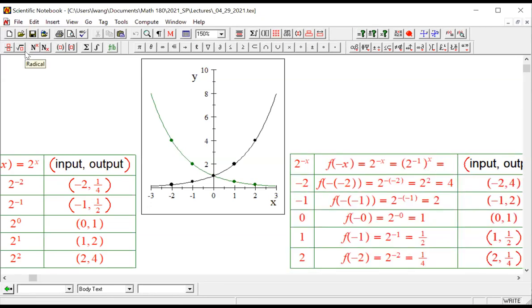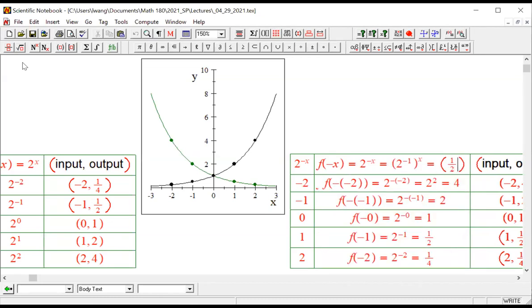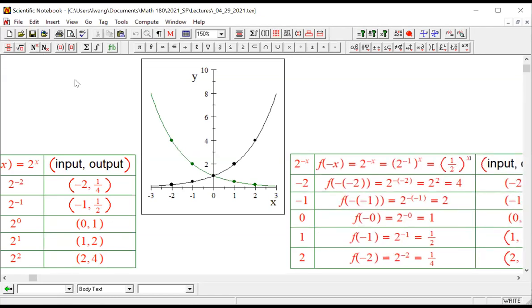It is also 1/2 to the power of x. You see that? Same thing.